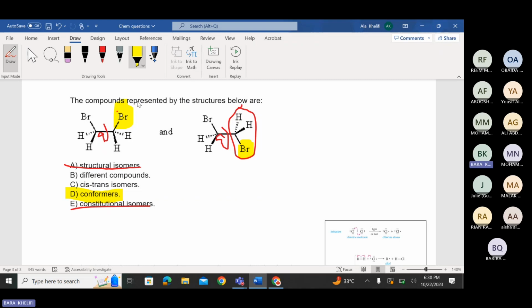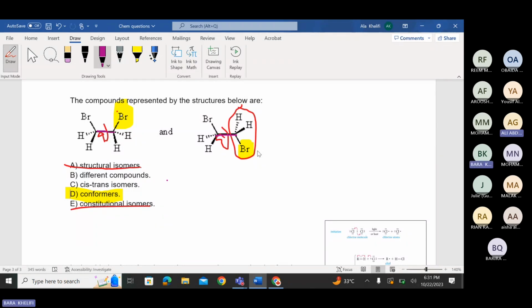So it was up, then we rotated it on one single bond. Let me draw it in a different color. So, for example, here in purple, those are just single bonds. So we know that single bonds, you could just rotate them, and those are known as conformers. Understood, guys?